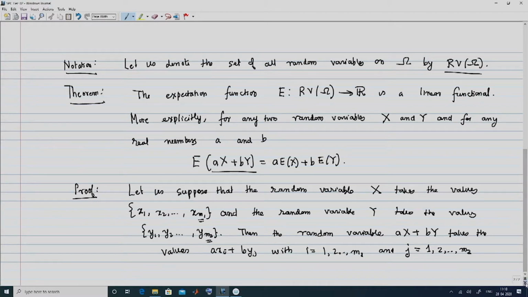Okay, so what we are going to do now is consider the events. The events are that X equals xi and Y equals yj. We will consider this event and introduce a notation for it.